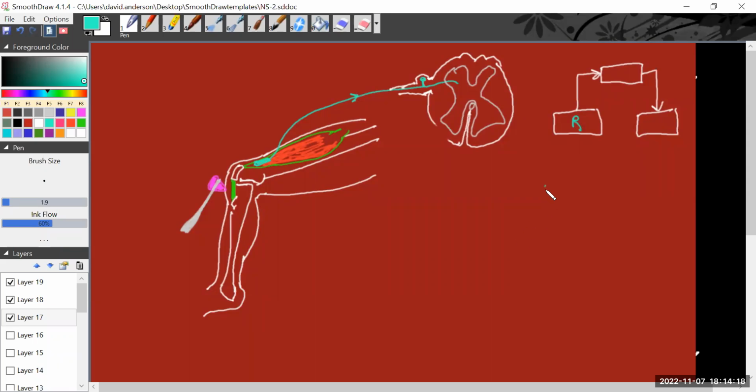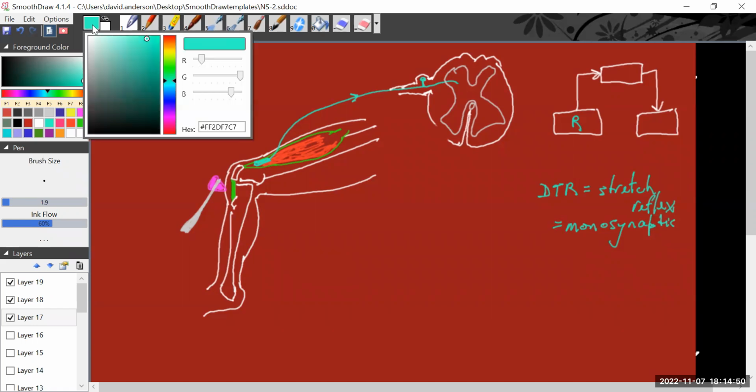Now, in a deep tendon reflex, also known as a stretch reflex, the beauty is integration is as simple as you can possibly get in the nervous system because there's only one synapse in the whole nervous system for integration.